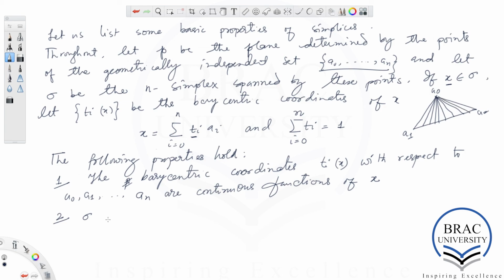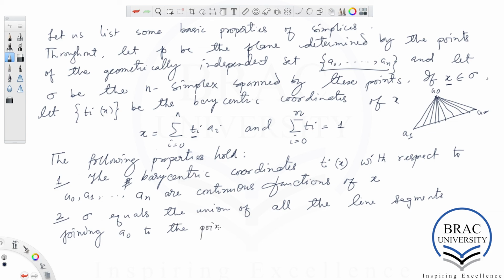Now the second property tells us that sigma, the n simplex, equals the union of all the line segments joining A0 to the points of the simplex S. First of all, when we look at the picture of this triangular region, which is of course a two simplex, we see that opposite to this vertex A0 there is a line, which is a one simplex.